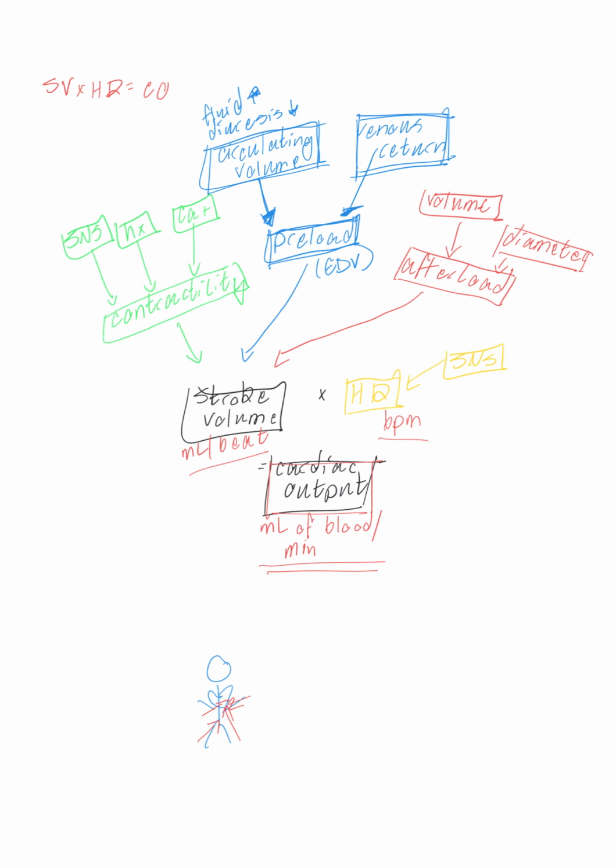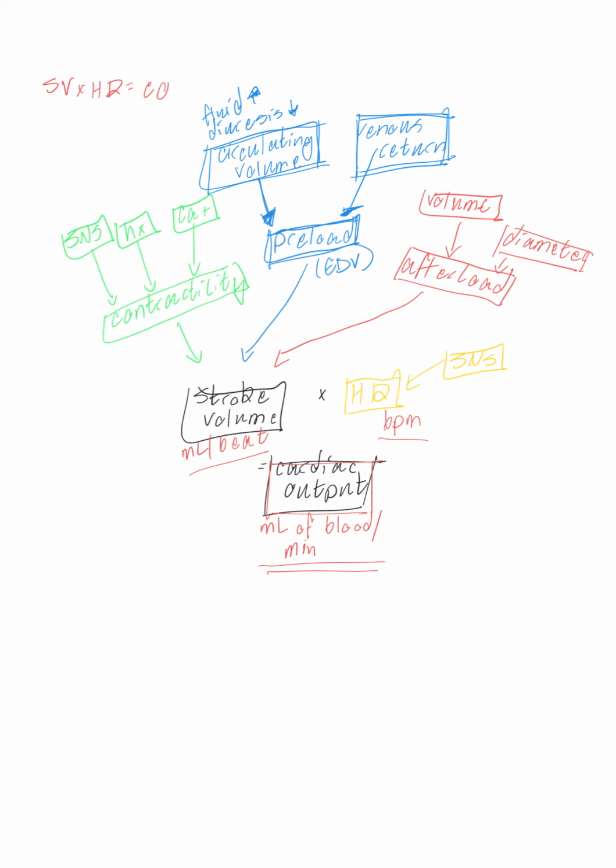If you, for example, are on bed rest and you don't have your calf muscle pump working, you're going to have less venous blood returning to the heart, because it's the calf muscle pump that helps us get venous blood back to the heart. That's one example of venous return. So if you have a decreased venous return, you're going to have a decreased preload, and therefore a decreased stroke volume, and therefore a decreased cardiac output.